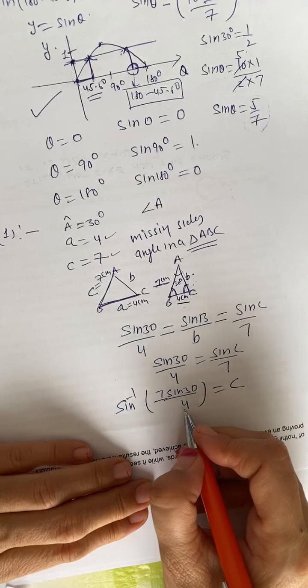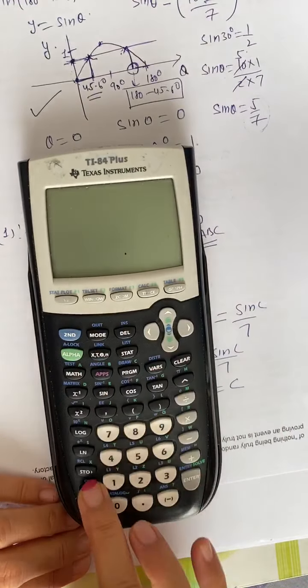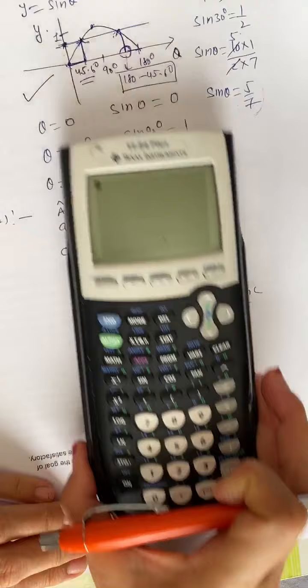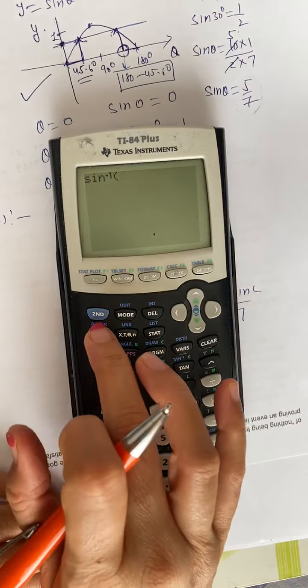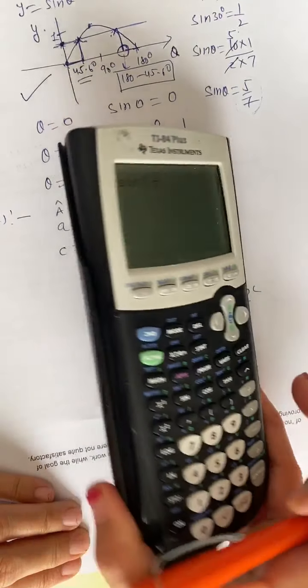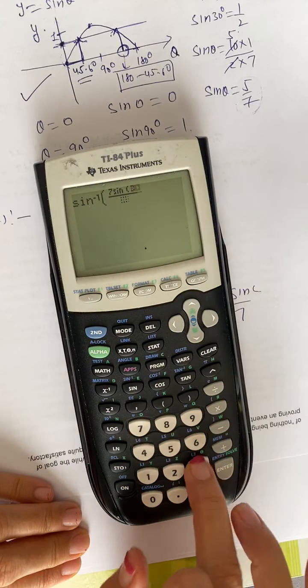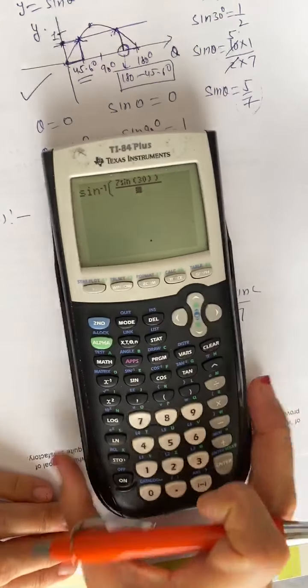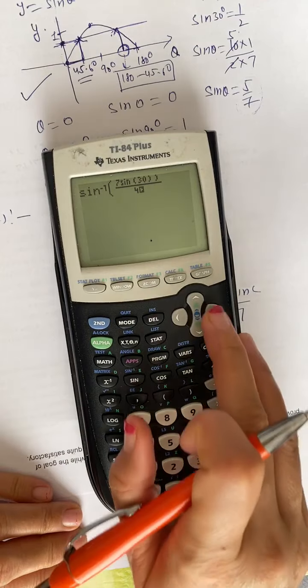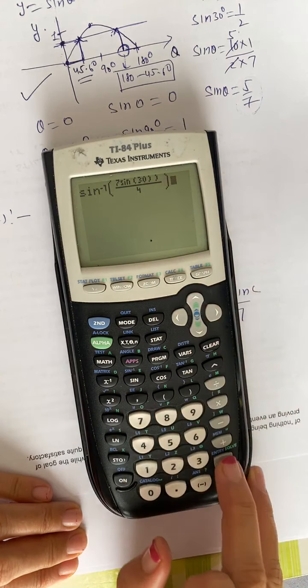Okay, so now you plug this value in the calculator. You have second, sine inverse, then 7 sine 30, and in the denominator 4. I think I used an extra bracket.